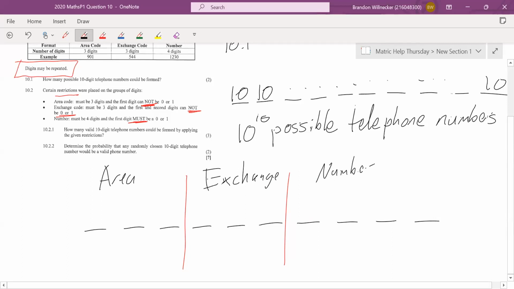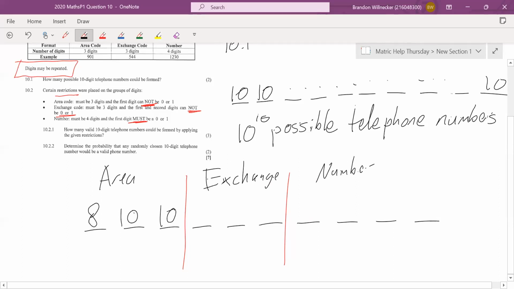Okay, so for the area code, remember that the first digit cannot be 0 or 1. So if it can't be 0 or 1, we have removed 2 possibilities. So there are 8 possibilities left. The next 2 digits are unaffected, so we still have 10 for each.